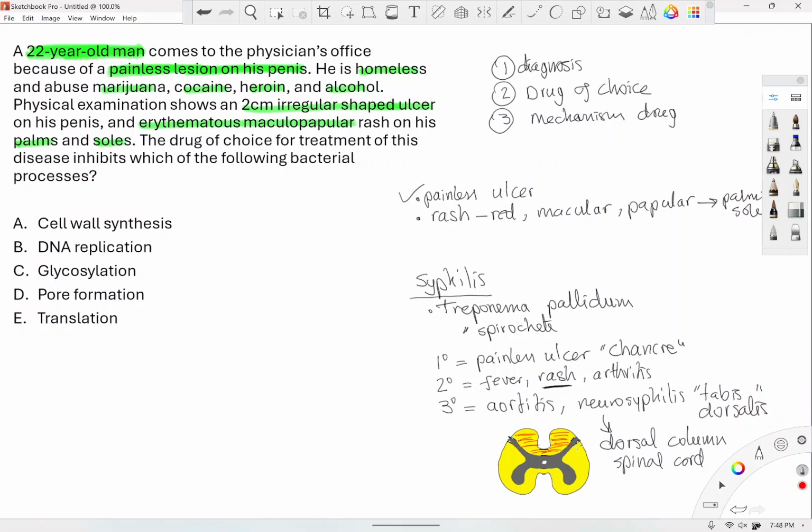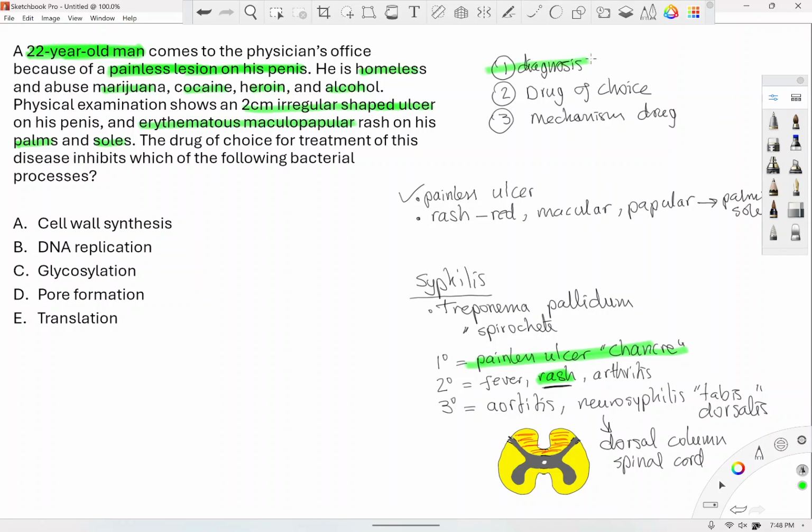And this area is responsible for sensing position, vibration, and proprioception. So in syphilis, all those three functions will be lost. But it looks like this person only has primary and secondary syphilis. So this person is experiencing a painless ulcer and a rash. Okay, so that's our diagnosis, number one.